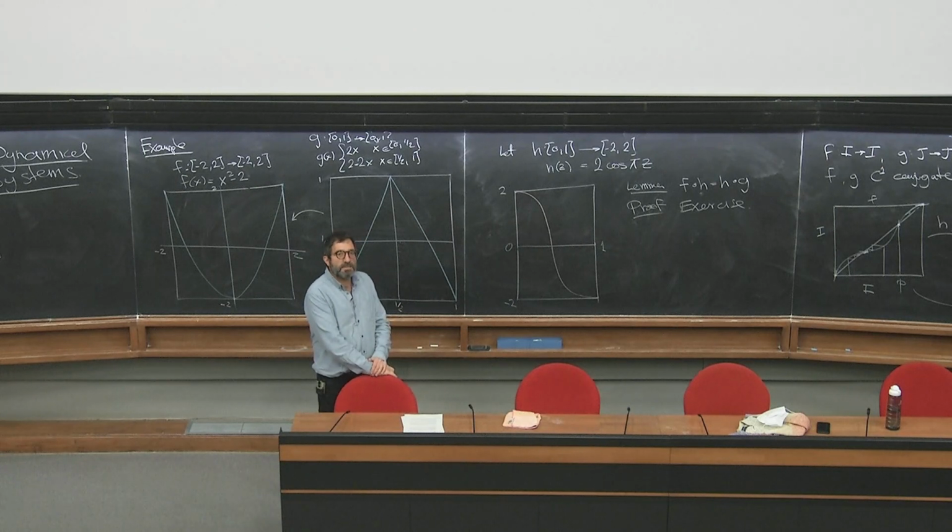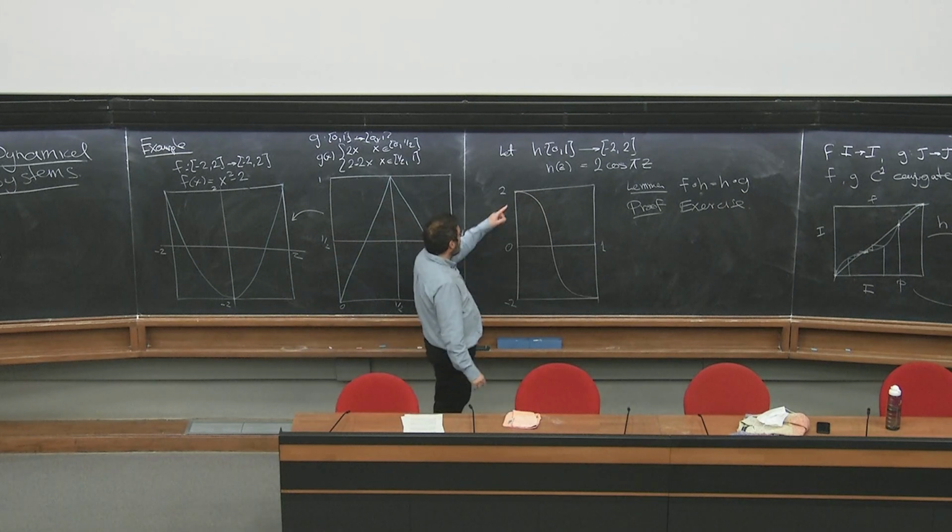Why is it not a C1 diffeomorphism? The inverse is not differentiable. Exactly, right? Because the inverse would have infinite derivative at these endpoints.